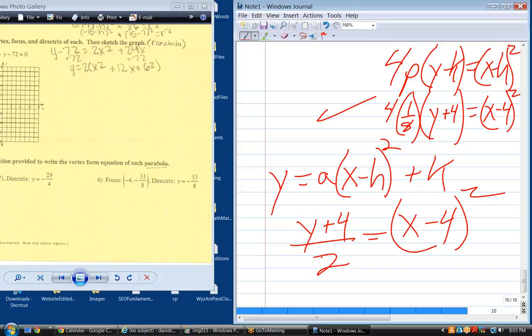What's the next thing I want to do? Multiply y by 2? Multiply both sides of the equation by 2, not just y. You can't just arbitrarily multiply a variable by a number. You can do anything you want as long as you do it to both sides of the equation. So I'm going to multiply both sides of the equation by 2. That 2 goes right there.